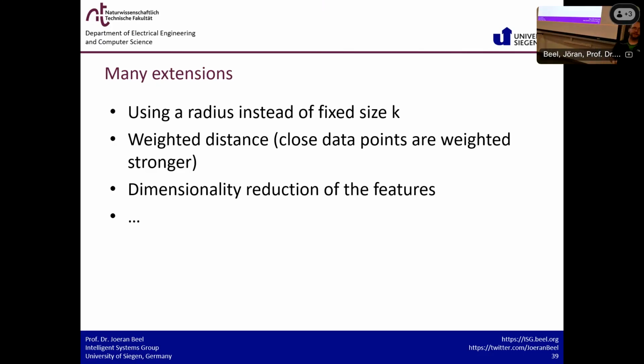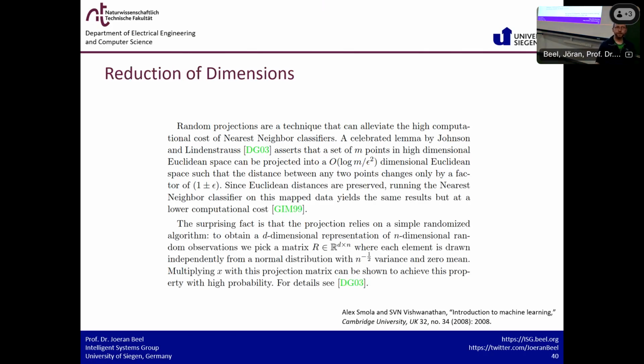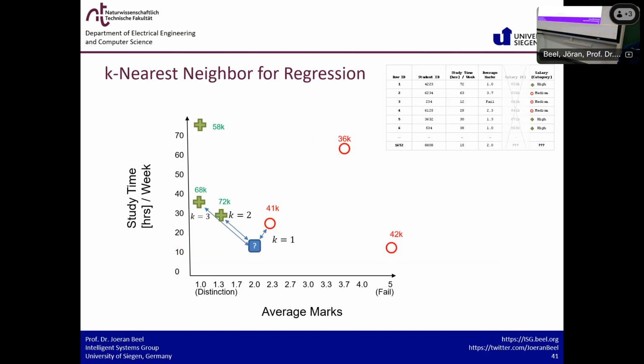You can weight the distance, so that a data point that is further away is weighted less strongly. You can reduce dimensionality of points and many things more. If you're interested in that, there are many papers on this.